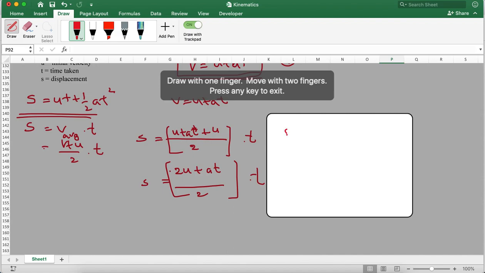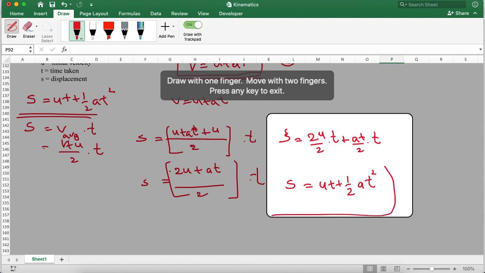So finally you will get S is equal to 2U by 2 multiplied with T, plus A into T by 2, into T. So 2 gets cancelled. So the final relation will be S is equal to UT plus half AT square.